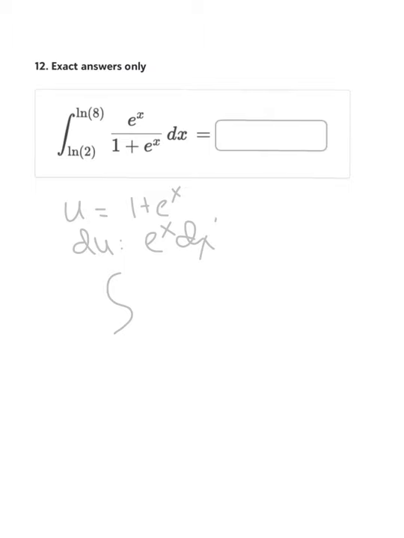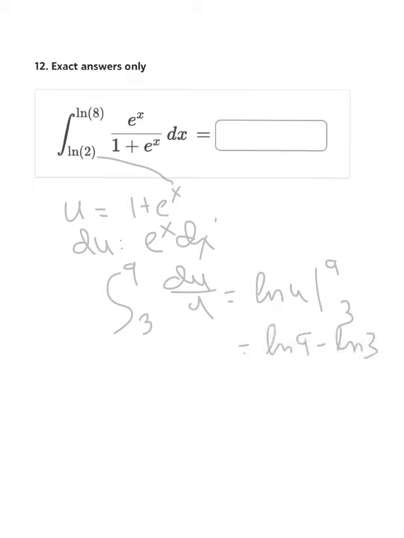Then if we plug in ln of 2 into here, well, e to the ln of 2 is 2, so the integral is from 3 to 9, and then it's du over u, which is equal to the ln of u evaluated at 3 and 9, which is the ln of 9 minus the ln of 3, which is an okay answer. You can rewrite that as the ln of 9 over 3, or the ln of 3.